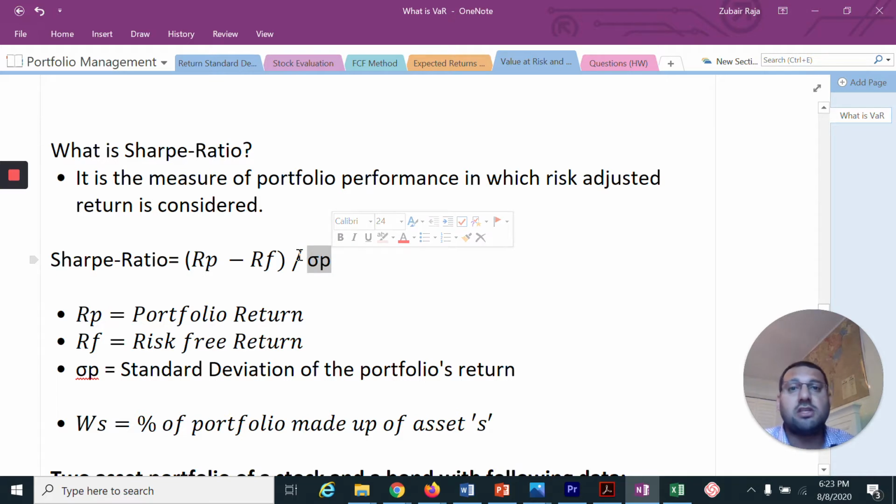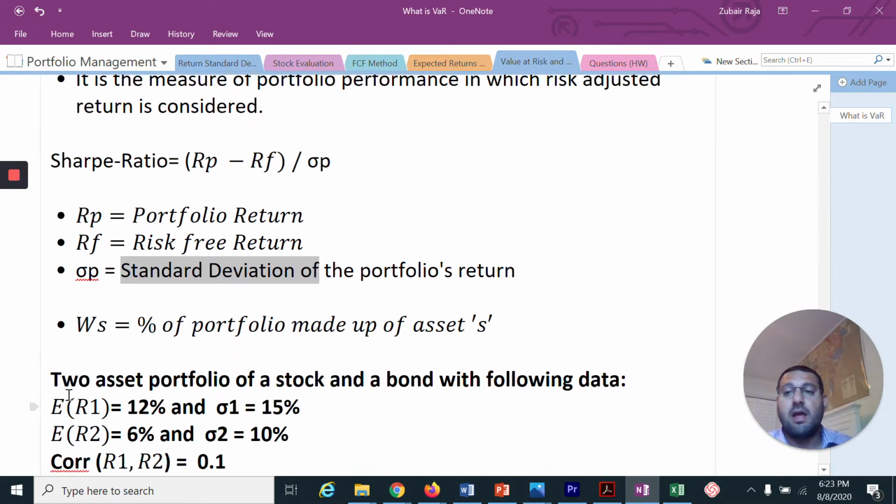In other words, the Sharpe ratio is giving you what reward the investor is getting for bearing 1 unit of the overall risk. RP stands for the portfolio return, RF stands for the risk-free rate of return, and this is the standard deviation sigma of the portfolio return.